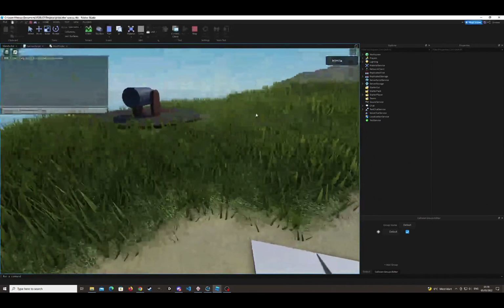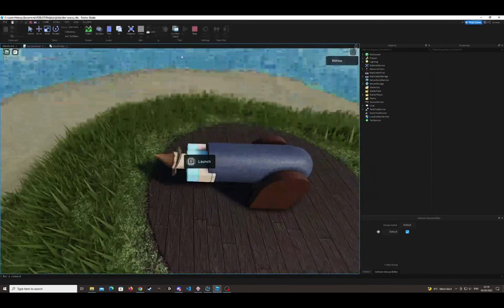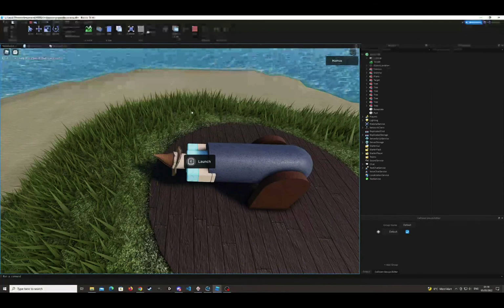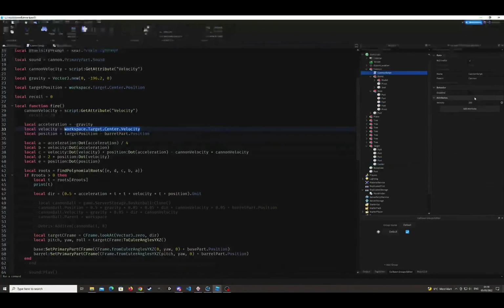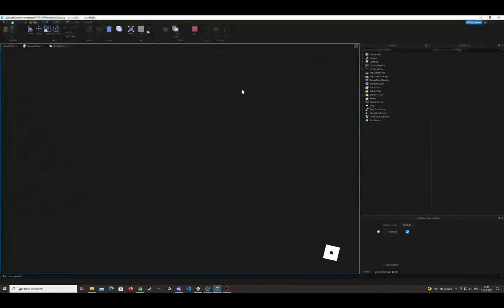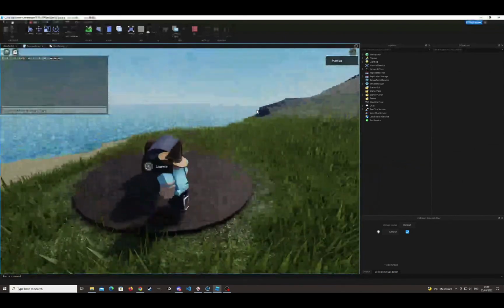So I think the cannon should align. Okay, maybe it doesn't have enough firepower, so it's out of range. So we could just give it like a million velocity. Or maybe that's a bit excessive.